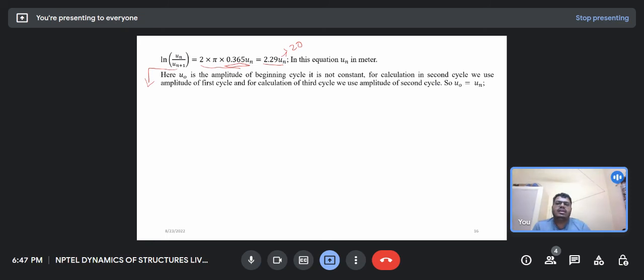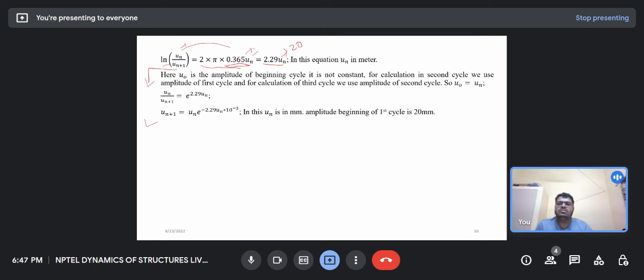Then after getting the first cycle, by using this un plus 1, it comes out to be 18. If you put 18 here, you can get another cycle, what is your response after the end of that cycle. This way you can proceed in this question. Un divided by un plus 1, so ln goes to the exponential term.